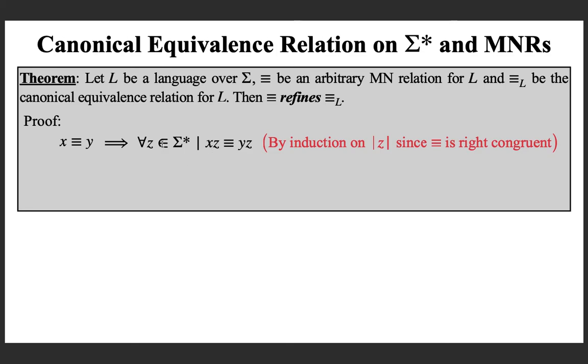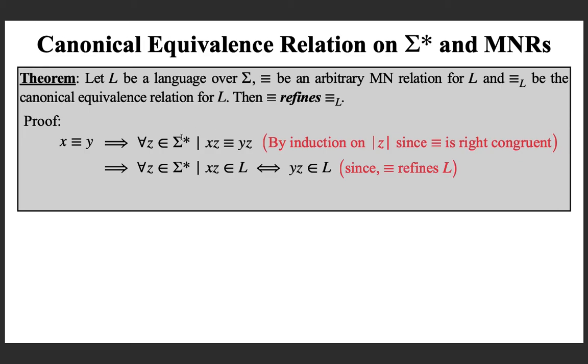If that is the case, then we can say that for all z in sigma star, xz is in the language if and only if yz is in the language. Why is it so? Because this relation refines the language.